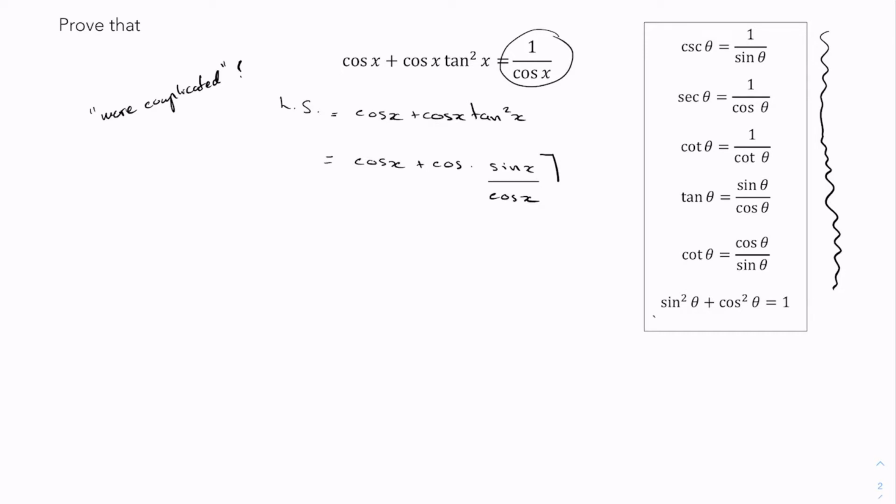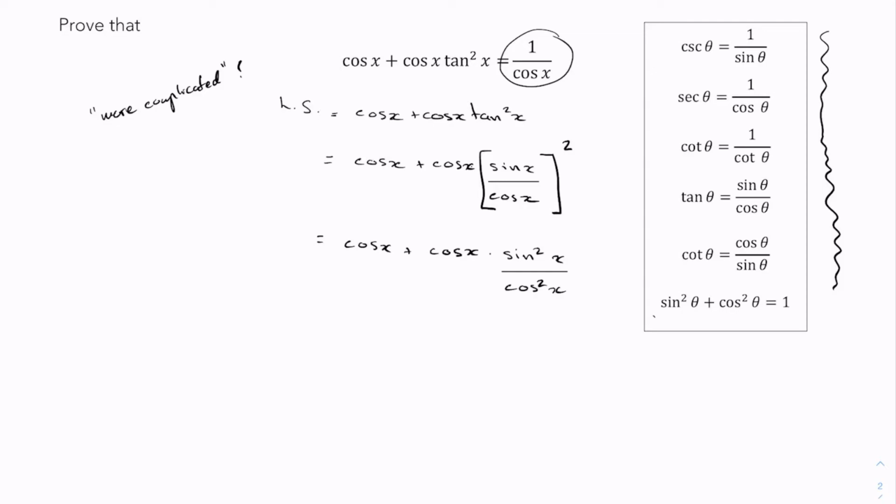So I have cos x plus cos x times sine x over cos x, and this is all squared, which gives me cos x plus cos x times sine squared x over cos squared x. So some cancellation can be done.